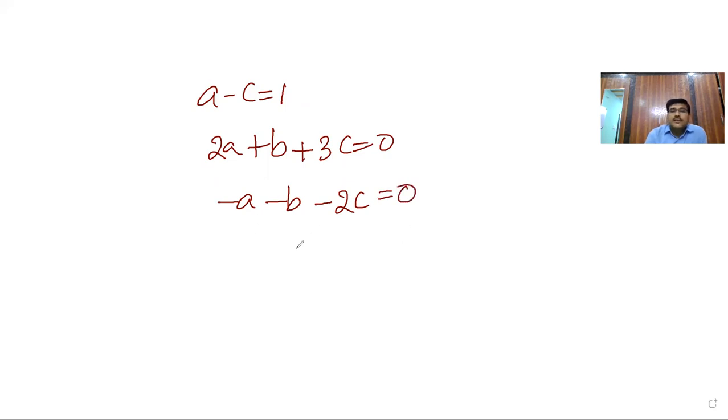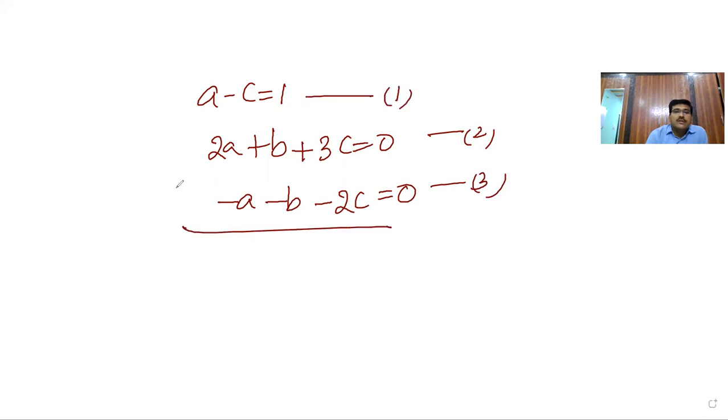Now I'm making use of the second and third equations. Solving these two, if I add them, B goes out. So 2A minus A, 3C minus 2C, that is C, which is equal to 0. This is the fourth equation.